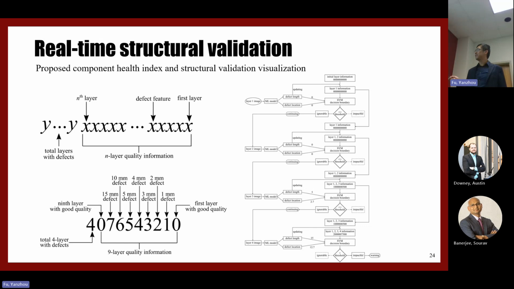As it's a 5 millimeter defect, the third digit from the left will go up to 5. And after evaluation on the defect impact decision boundary, the final test result is still higher than the threshold.